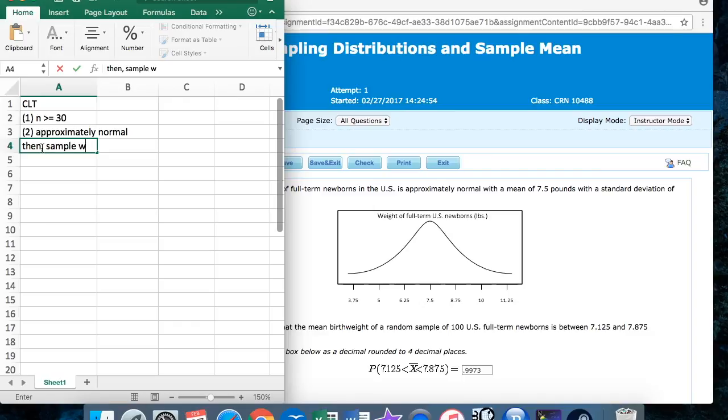So the sample mean is normally distributed with mean equal to the population mean.